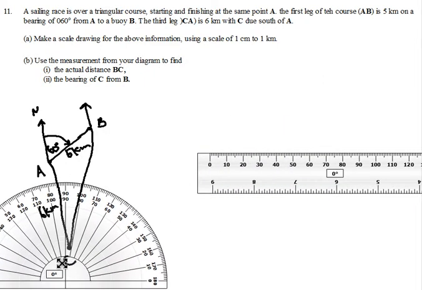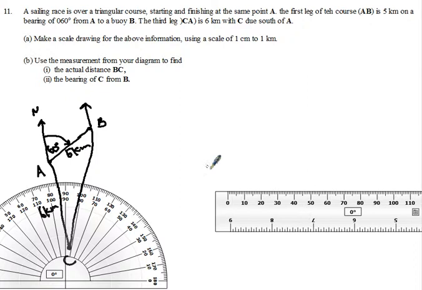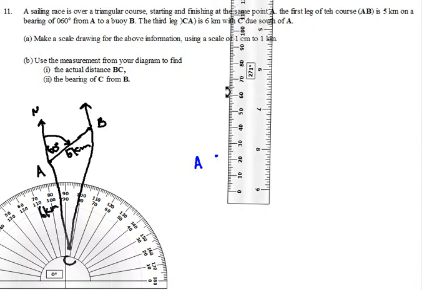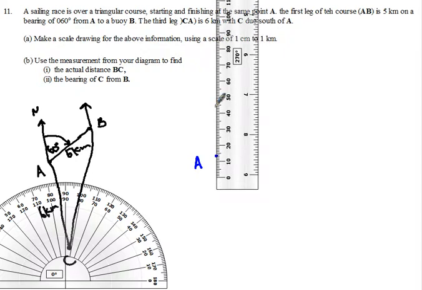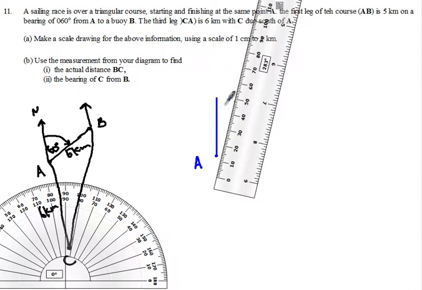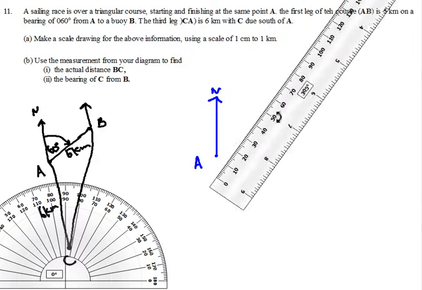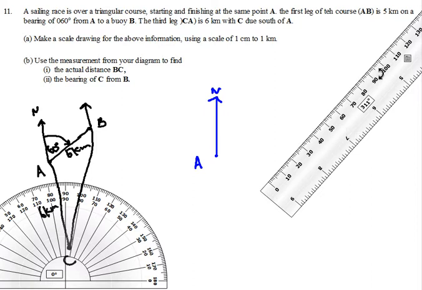So first of all, you need to make a point and call that point A. Here's the point A. Now, let us draw the north line from A, because we're going to need a bearing from A, and all bearings we measure from north, so you have to get a north line to get the 60 degree bearing from A.